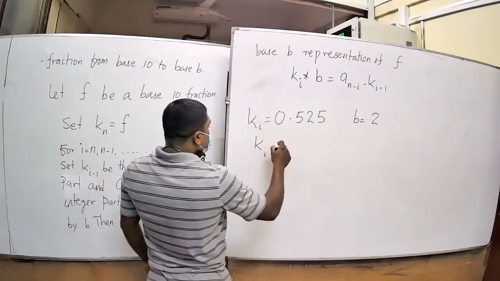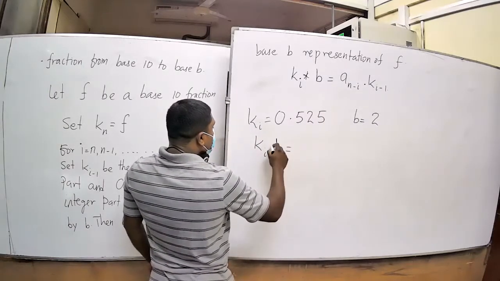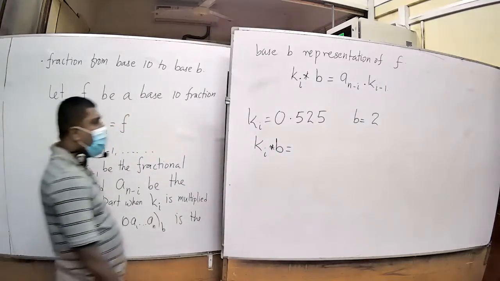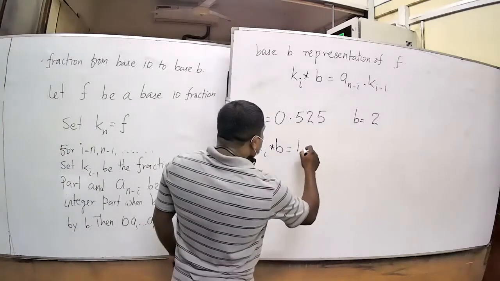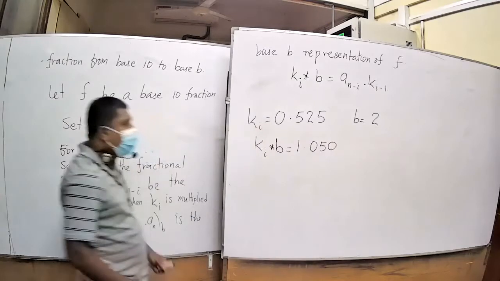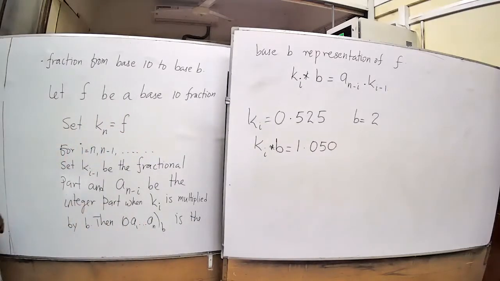When you multiply k_i with b, you get 1.050.